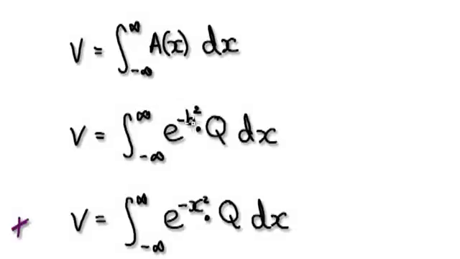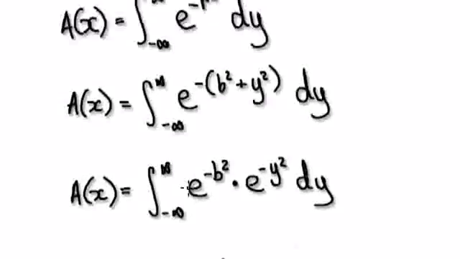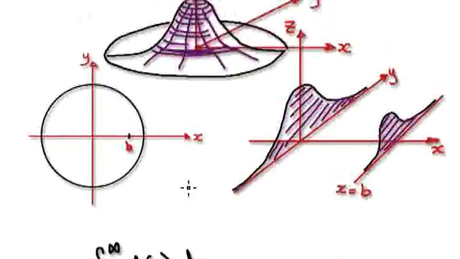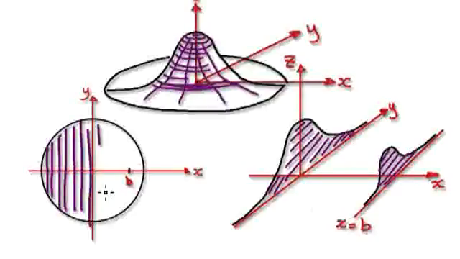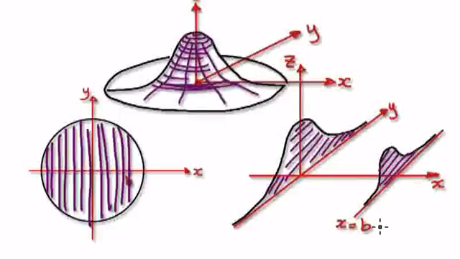So let me try and explain why this changes to an x. The volume is us really summing up everything here. Okay, so that's us summing up everything. The point that I'm trying to make here is that this b here is for one specific value.